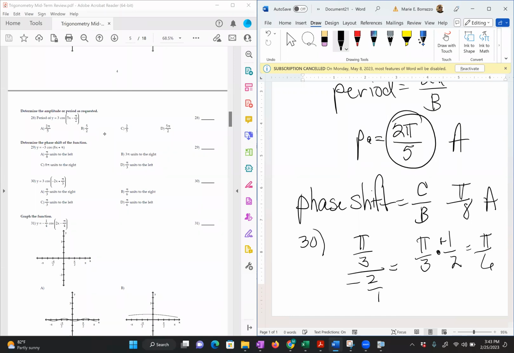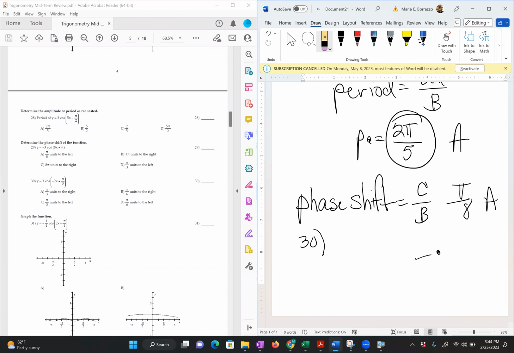This actually becomes positive, because I want you to refresh your memory. Remember, this is negative 3 cosine of 5x minus negative pi over 2. So it'll be pi over 3 over... I'm sorry, why am I doing pi over 2? I just realized that. Let me erase all this for a second and go back to the original formula.